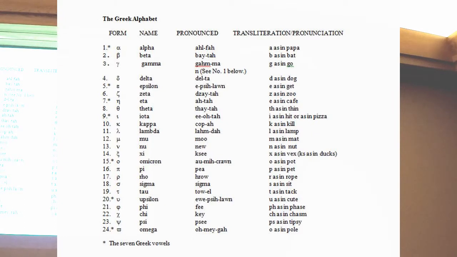There's a special thing about the gamma, but if you know the name of the letter, you can basically get the sound. Delta, D as in dog. Epsilon, get, act. So if you know the letter, the first part of the letter basically gives you the sound.